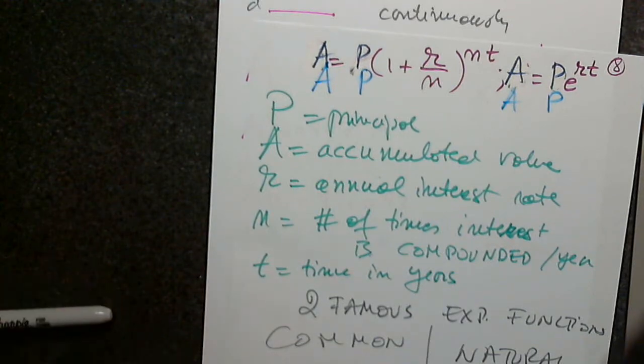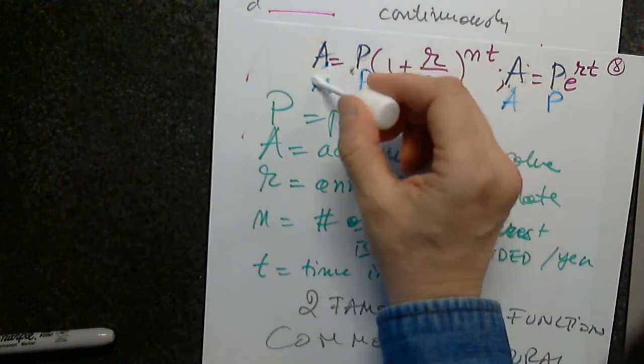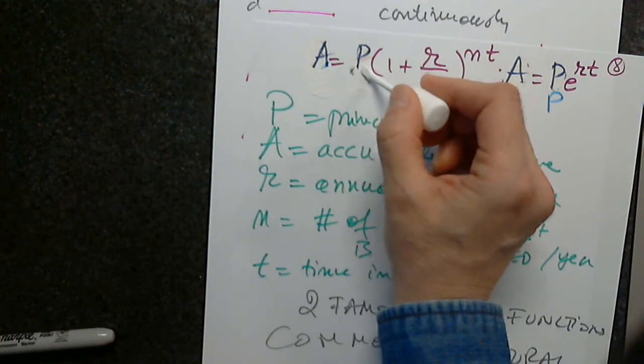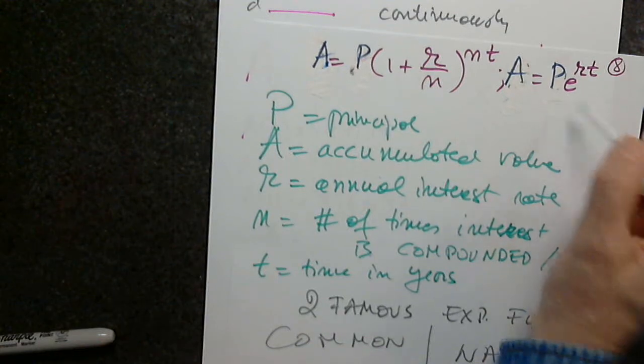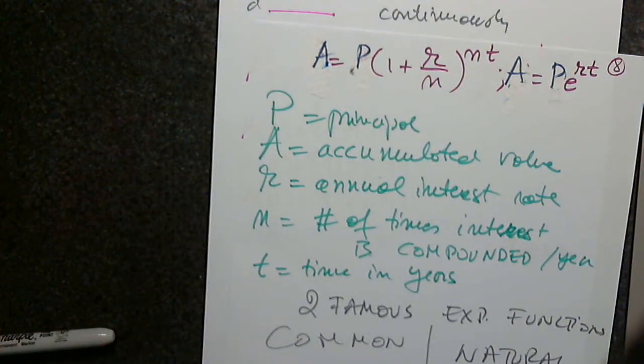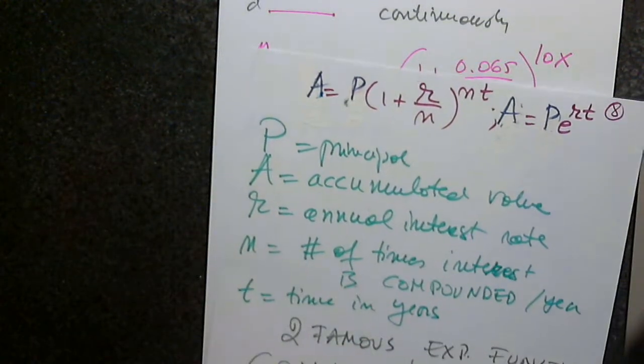Yes, my apologies. Yes, that's the accumulated value and that's the principal. Exactly how we wrote it here. I just realized that it doesn't have an n to it.